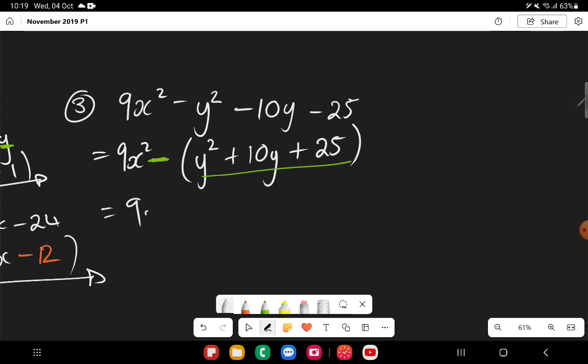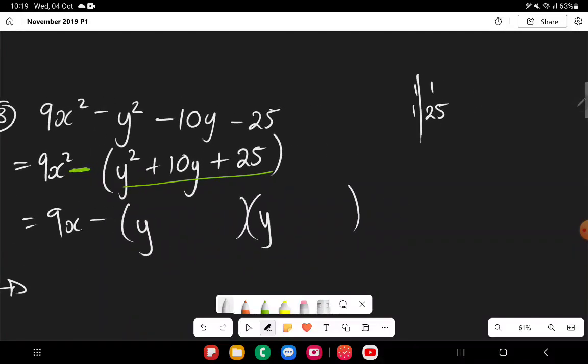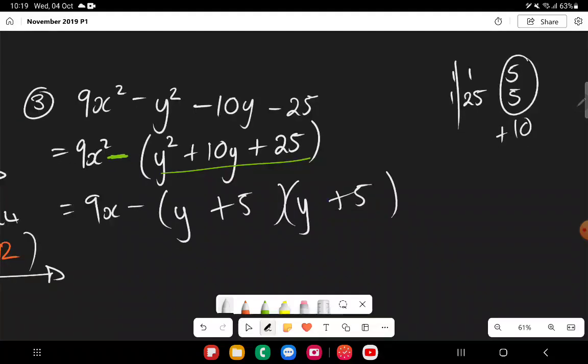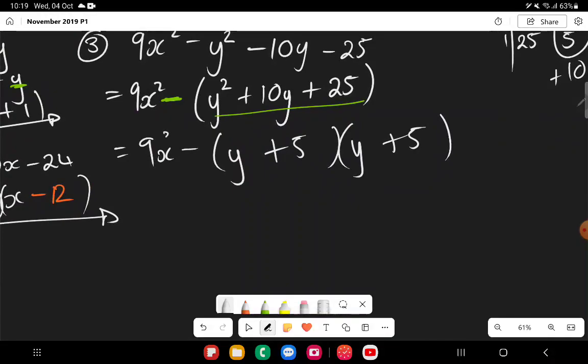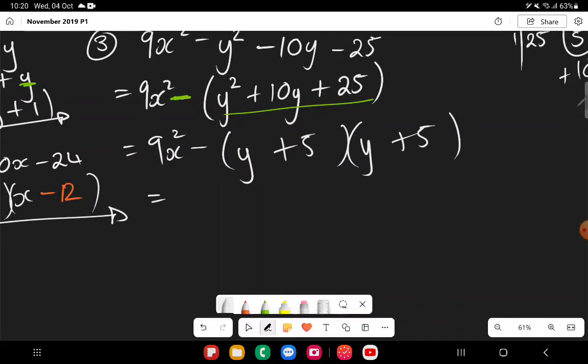We are going to have 9x squared minus, and our 2 brackets. And in our brackets, we're going to have y and y. And now we want the factors of 25, and it must give me a total of 10. So 1 and 25, and then 5 times 5. Those are my only factors that I have. 5 and 5 give me 10 if I add them up. So it's going to be plus 5 plus 5. Wow, that's awesome, because that now gives me y plus 5 squared, right? So now I have a situation where I have 9x squared minus y plus 5 squared.